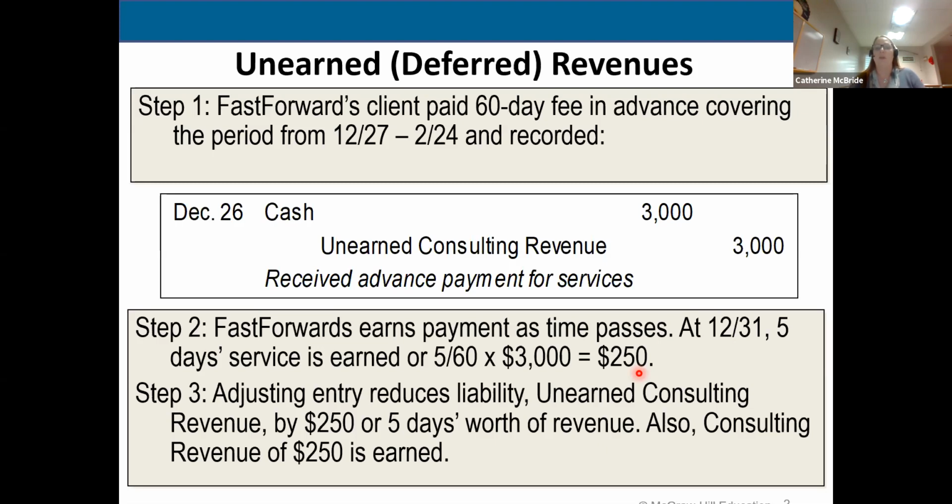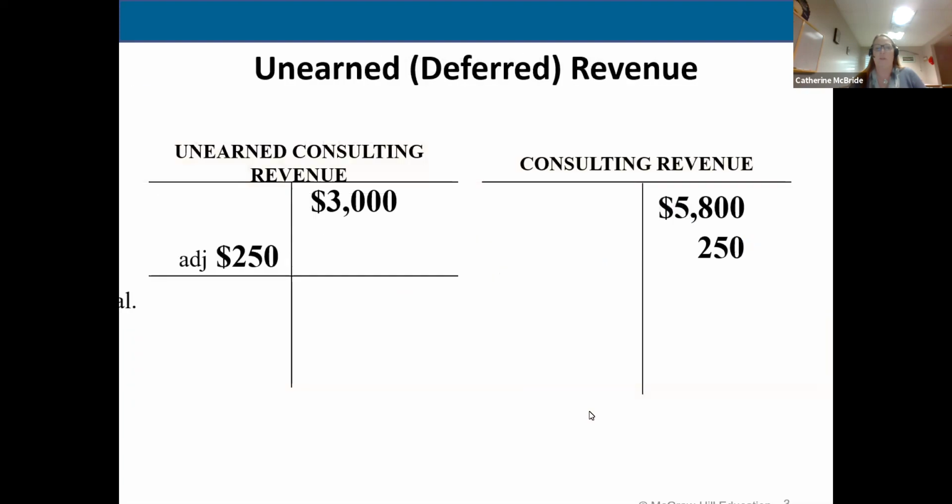So we want to reduce the unearned revenue by $250 and record revenue for $250. So when we do that on our balance sheet, we're going to see that now the liability, unearned consulting revenue, is $2,750. And on our income statement, we're going to have an additional $250 worth of revenue.